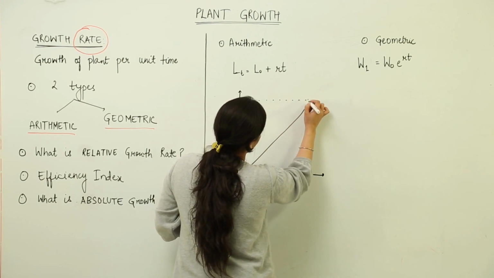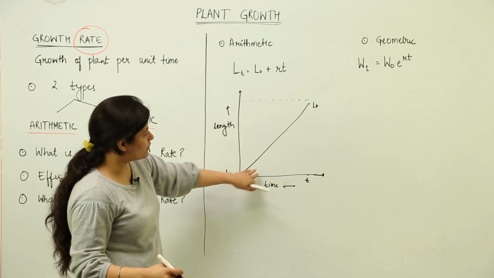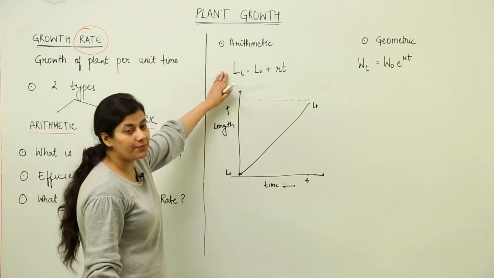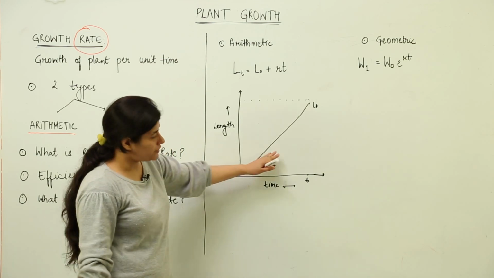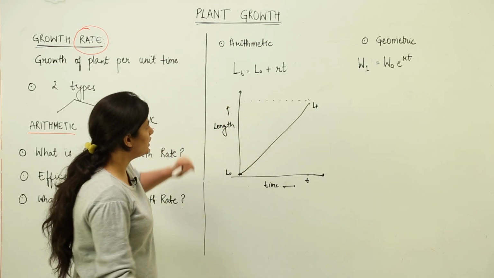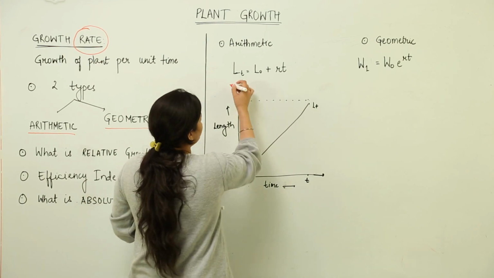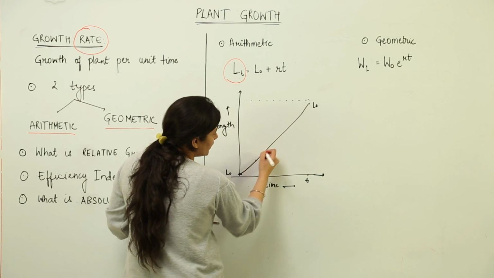At any given time, we are taking this time t and it is represented in the form of a straight line. So we get an arithmetic growth rate which, if portrayed in graphical form, gives a straight line, and it is shown by this equation for the length at any given time t. For your understanding, I have taken this point. It could be this point, this point, this point.